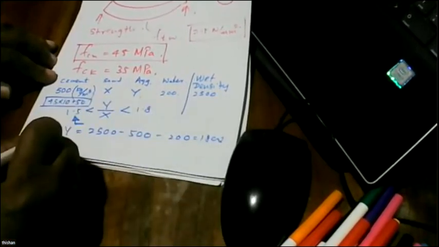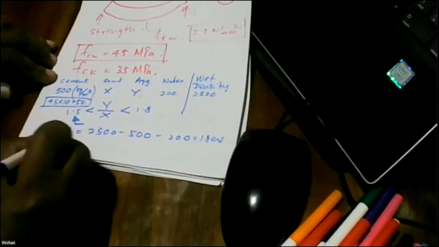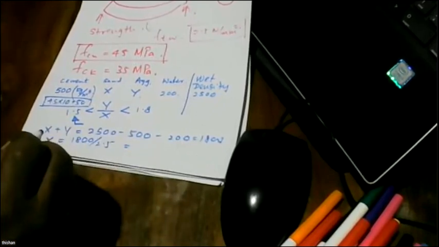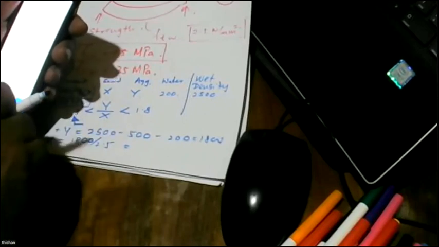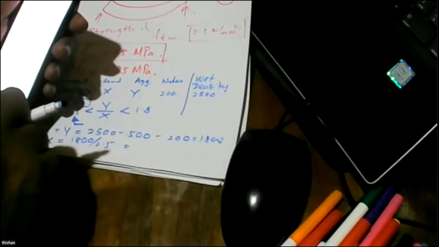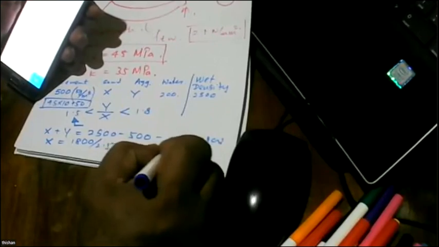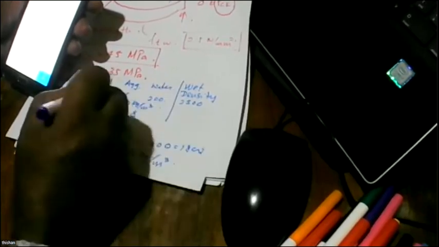And X is 1800 divided by 2.5, and 1800 divided by 2.5 equals 720 kilograms per meter cube. And so the remaining part will be 1080 kilograms per meter cube, and this will be 750.